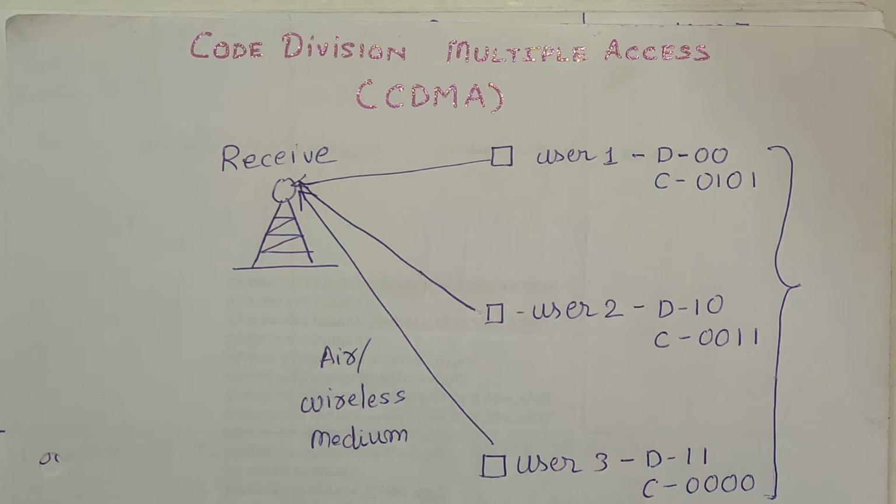So let us see how we are going to send this 6 bits of data from all these users 1, 2 and 3 over the air or wireless channel, which will be received by the receiver. And mind you that receiver is going to have code for all these individual users, right?